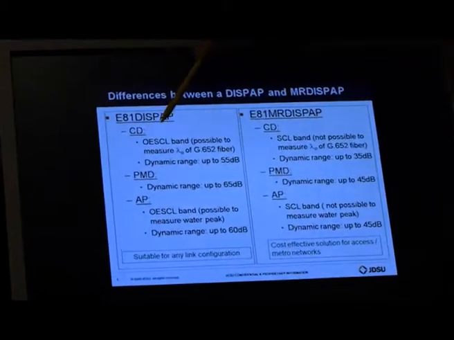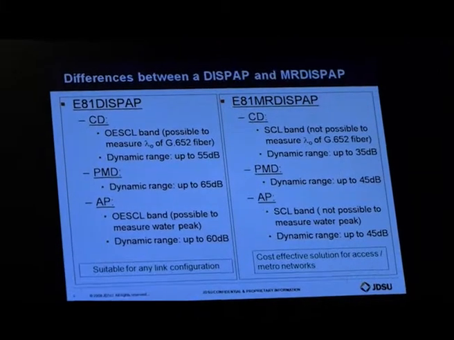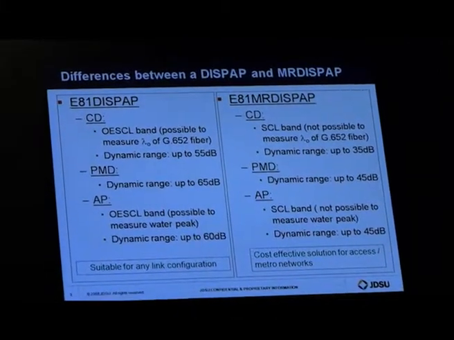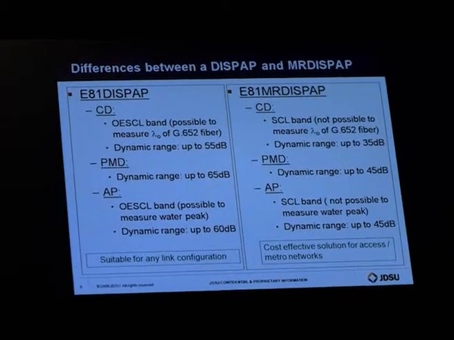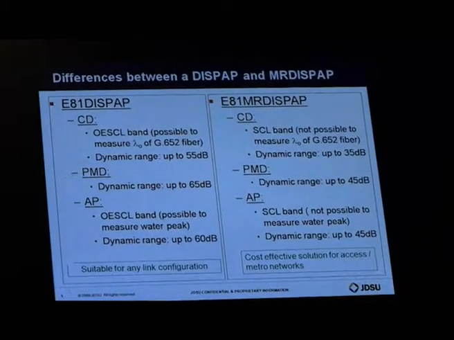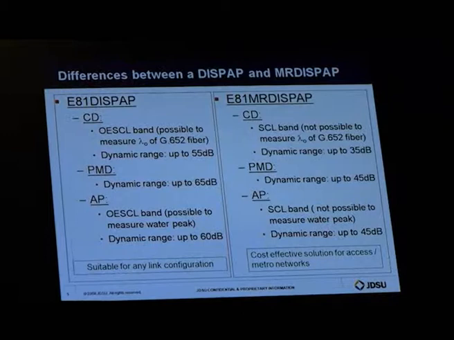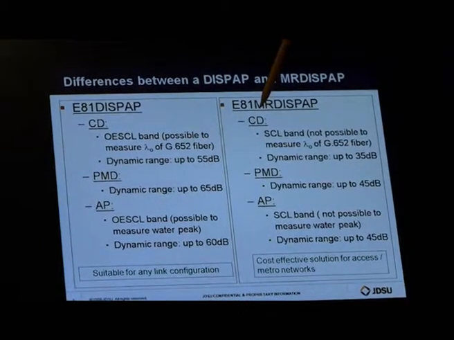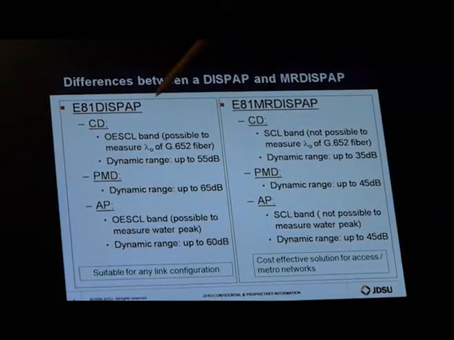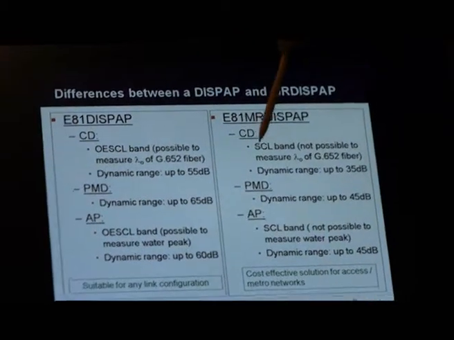So this is based on the dispatch, but with lower spec, because in 70 or 80% of the cases, the customer will need a solution for 80 km, 100 km. So the medium range dispatch will be enough. The difference between the dispatch and the medium range dispatch is the band.